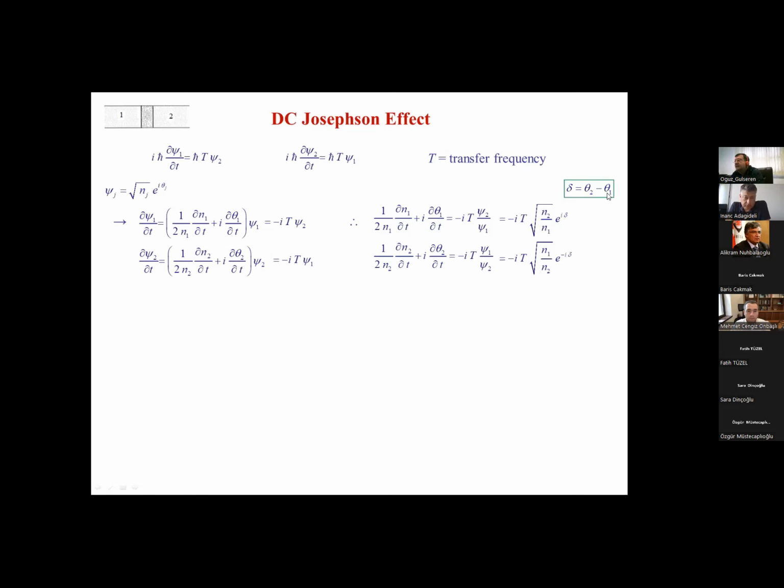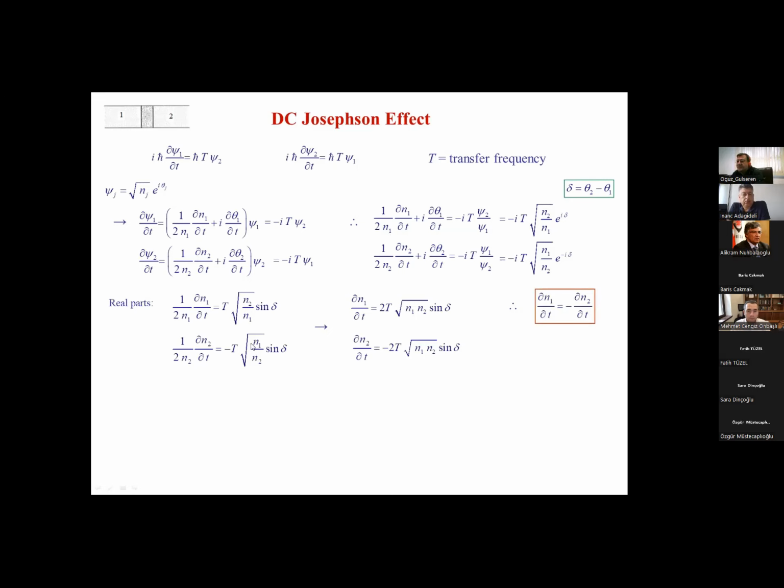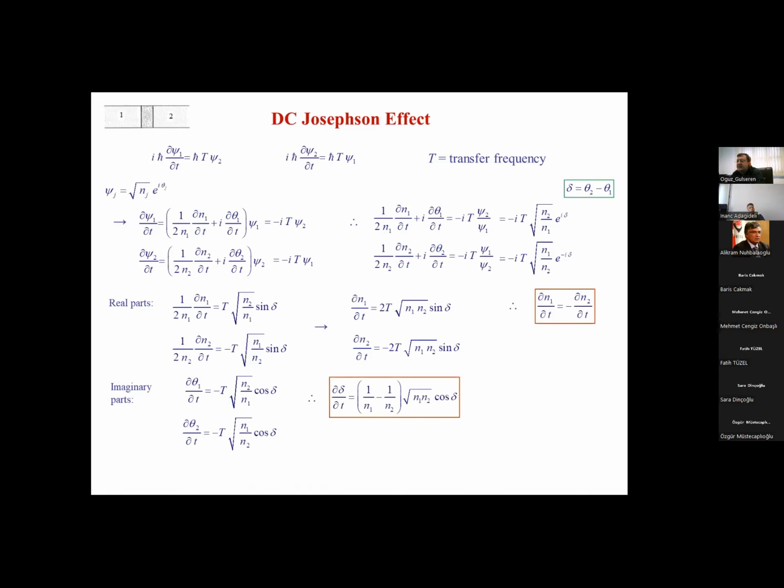Delta is the phase difference between these two. Then just looking at the real parts and the imaginary parts, we can get the information about the number density and the phase change.